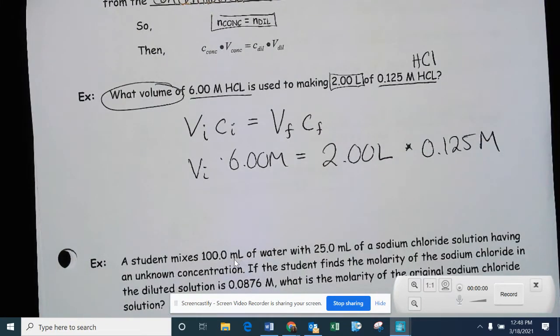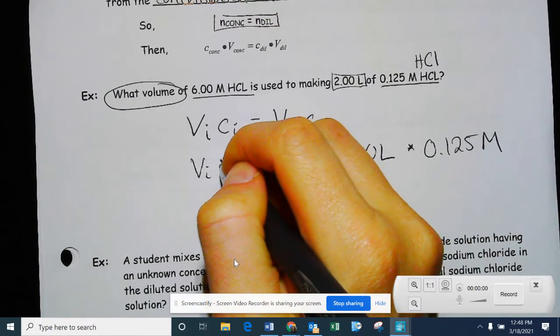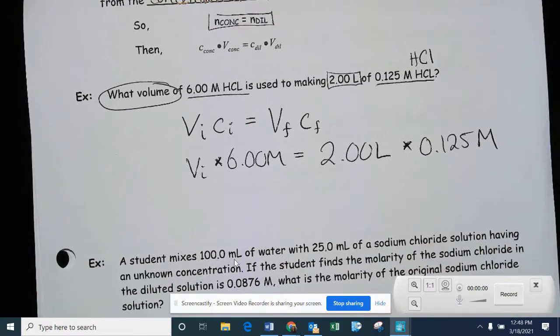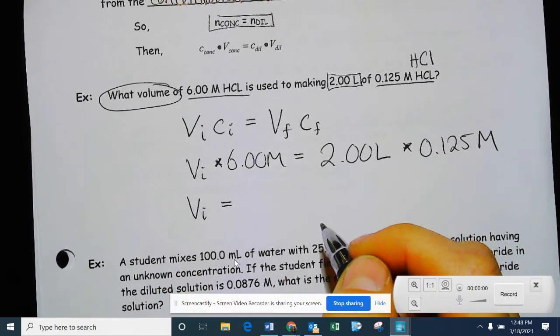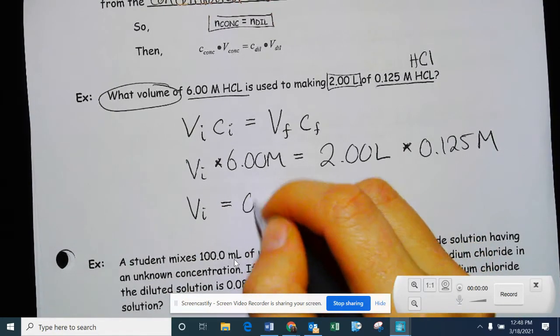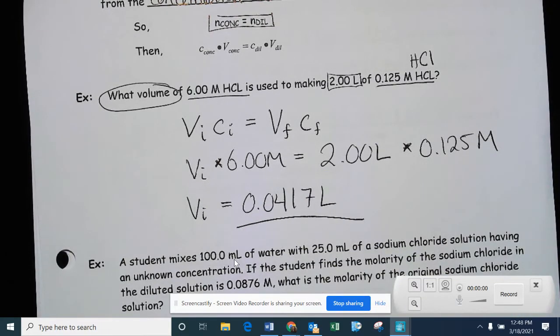So now it's just like algebra solving for x, but our x is VI. Okay, so if we work through that, our initial volume should end up being 0.0417 liters, hopefully. Does that make sense, that process? Good. Awesome.